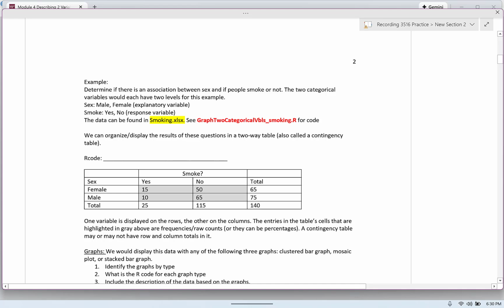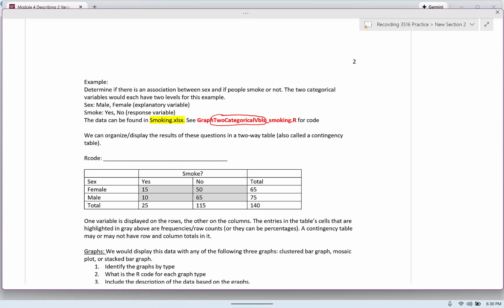The data can be found in the smoking Excel file. And then there's an R file that you're going to want to use that you can find on Canvas also. I think it's called graph to categorical variables smoking.r. What you're looking for is the one that says two categorical variables, and that'll be the right R file that you'll fill in as you watch the R coding.